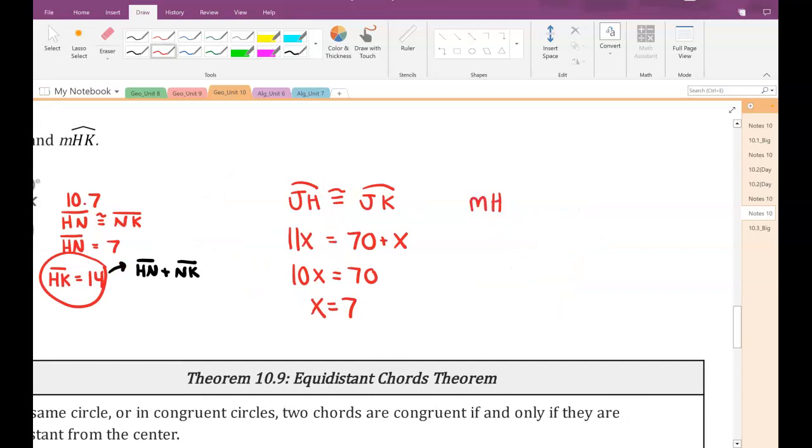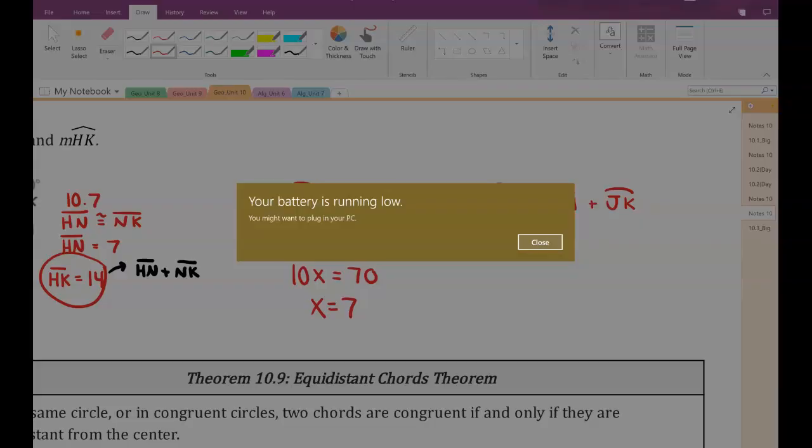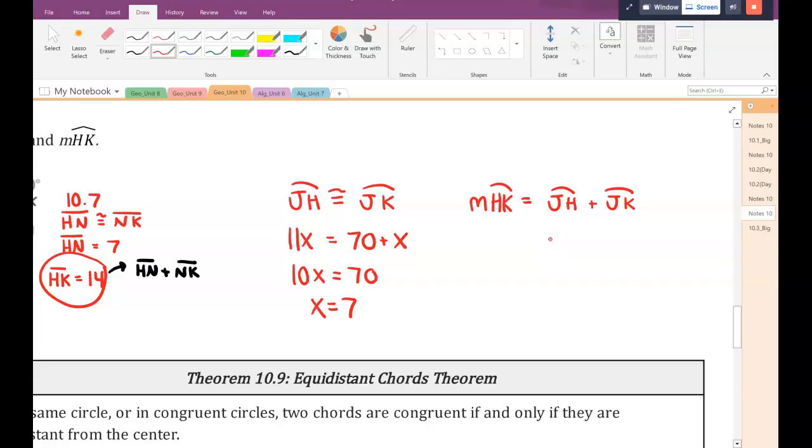Well, the measure of arc HK is going to be equal to, we can use our arc addition postulate, the measure of JH plus the measure of JK. If we plug in 7 for x into both of these, we would get 77 for each of them.